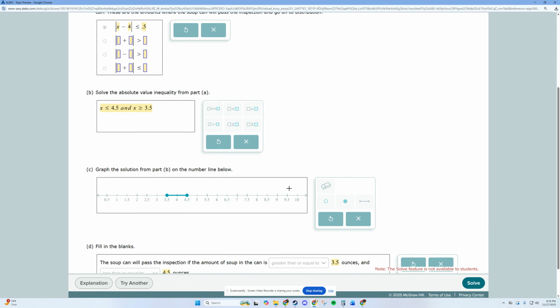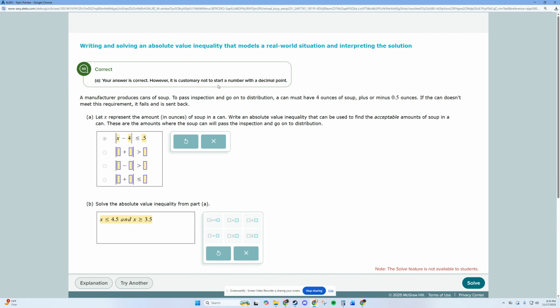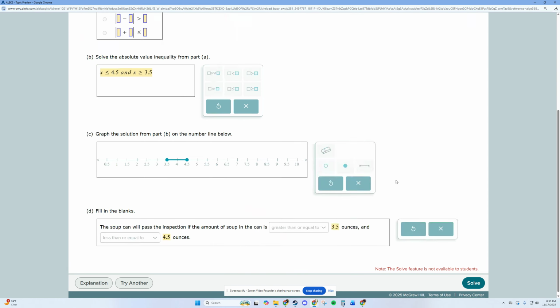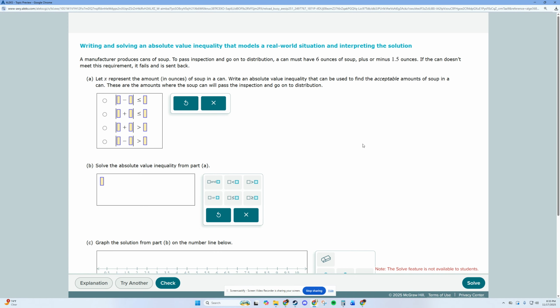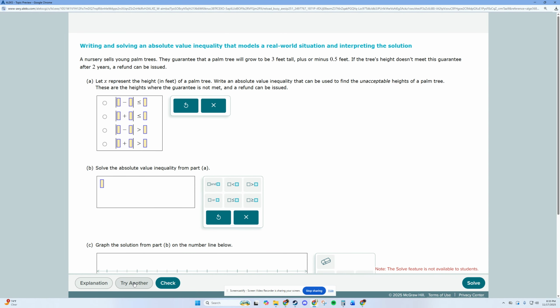Let's check that. Run it. It says to not start a number with a decimal point. I like that. Throw a 0 in there, 0.5. Sick. Okay, is this the same soup problem again and again? Okay. Then we got palm trees.